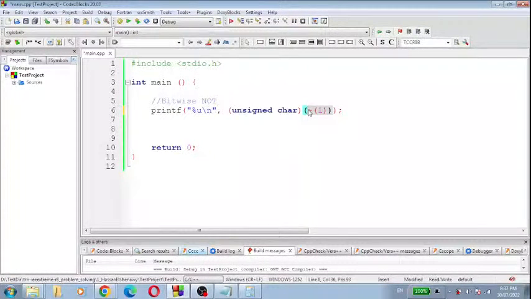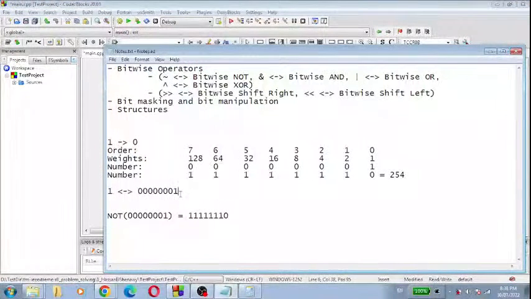Bitwise operation means that the operation is going to be executed bit by bit within our number. Our number here is 1, which is equivalent to this. What is its bitwise not? We execute the operation on a single bit, then another single bit, and so on.